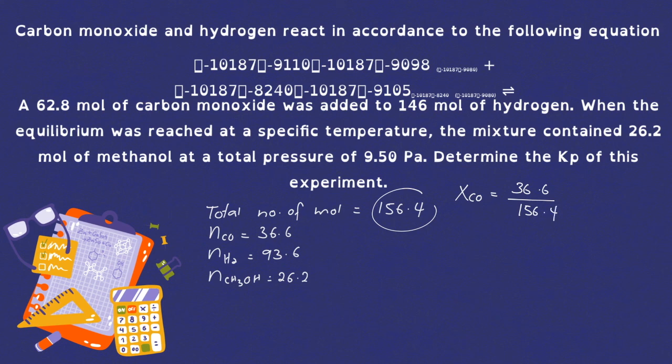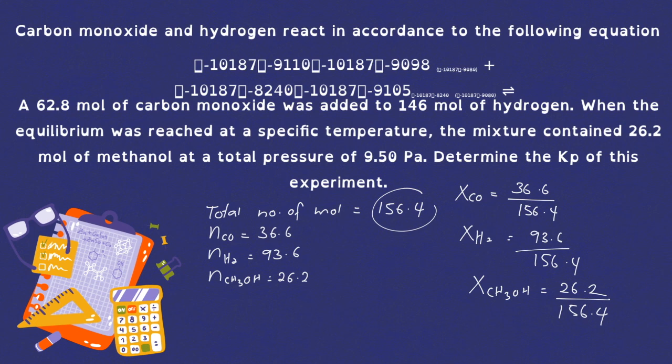And then you can do the same for hydrogen, which is the mole fraction of hydrogen, equivalent to 93.6 divided by 156.4. Same goes with mole fraction for the methanol, equivalent to 26.2 divided by the total number of mole, 156.4.